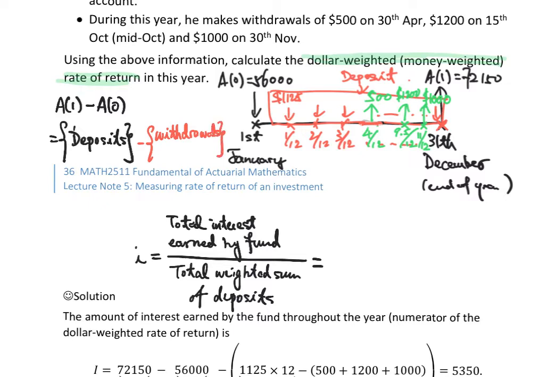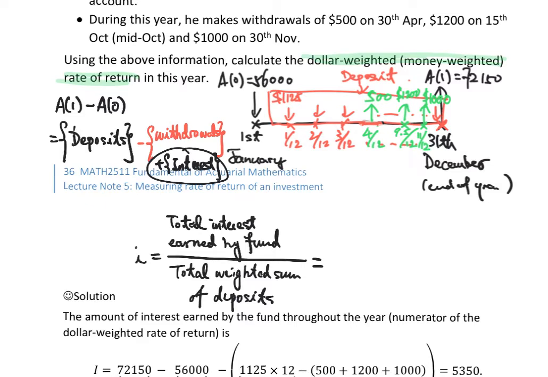When you do the withdrawal, it will lower the account balance, so that's why you have the minus sign. And then other than this, you also have the interest, right? So then that will be the Gaussian equation of the interest earned by the investment fund.